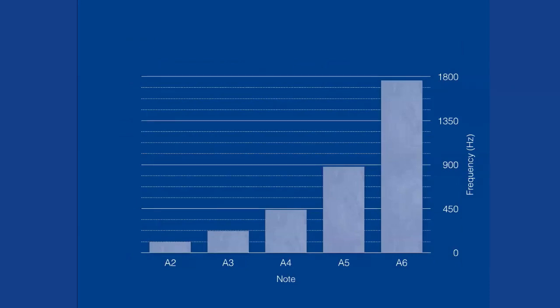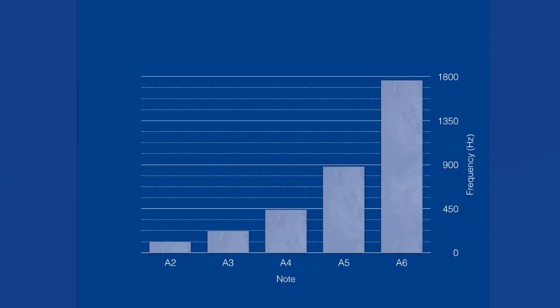So as we see on the frequencies here, A4 is 440, A5 is 880, A6 is 1760, A3 is 220, A2 is 110.